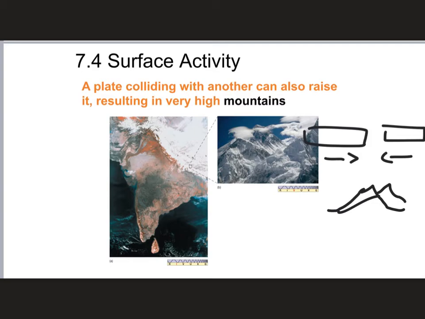And with uplift, you can get very high mountains and ranges of mountains. And again, it's worth noting, all of these processes are occurring because these tectonic plates are banging into one another and pressing against one another as they move on the surface of the Earth. These moving plates create these kinds of phenomena.